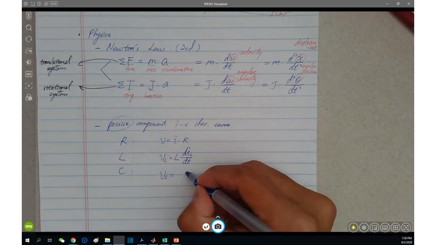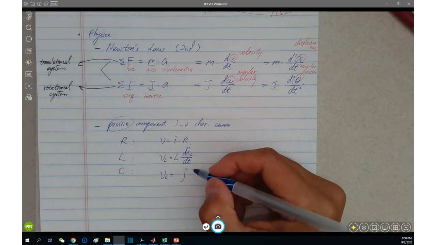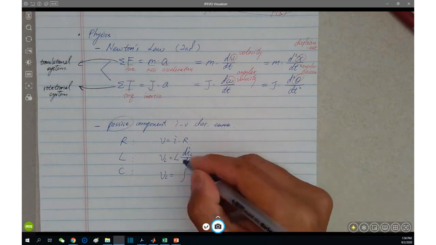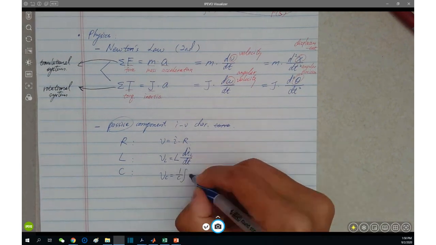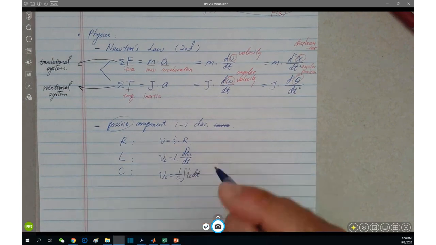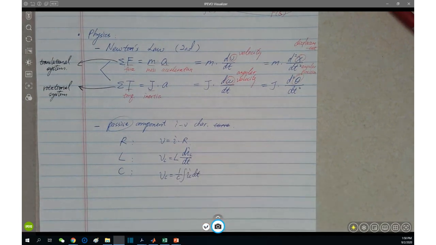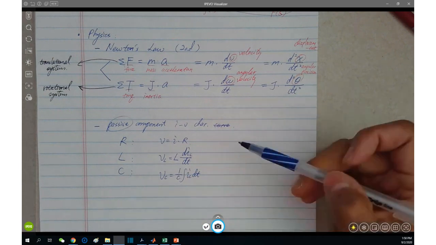Is that correct? That's very close. The only mistake here is 1 over C. Yep, 1 over C. Very good. Abbas was right, basically. Okay, so these are the IV relations.